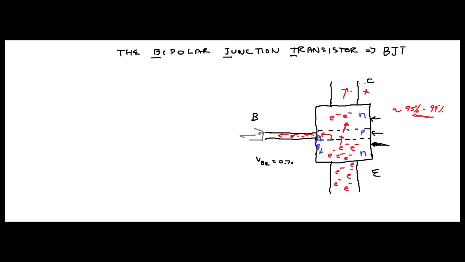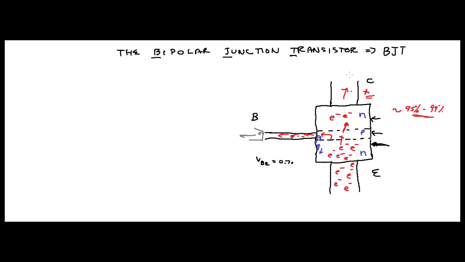So those electrons that leave the crystalline structure via the base become free electrons in the metallic base lead, and they produce your base current, right? But most of them move towards the reverse bias collector region and are swept into the collector region based on this potential right here. And once in there, they're also going to move into the metallic lead and produce an external current as well, all right?